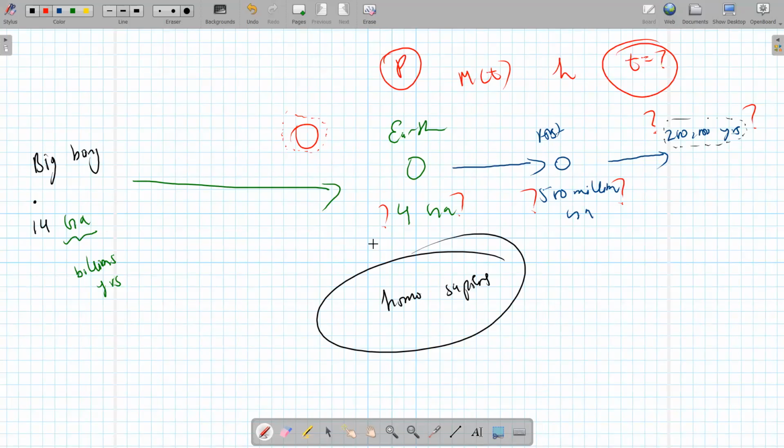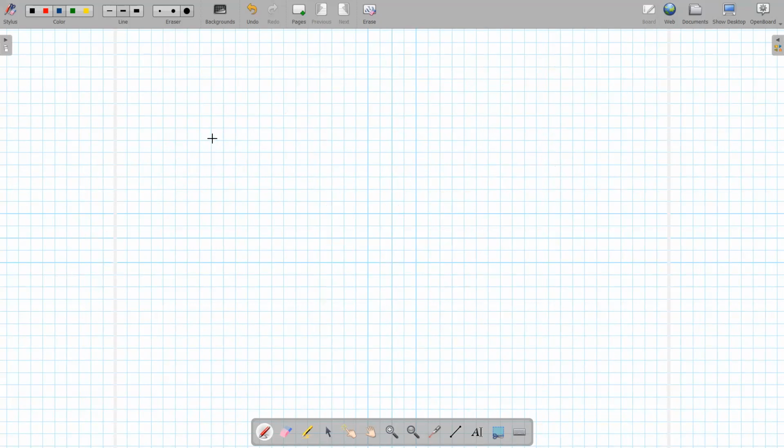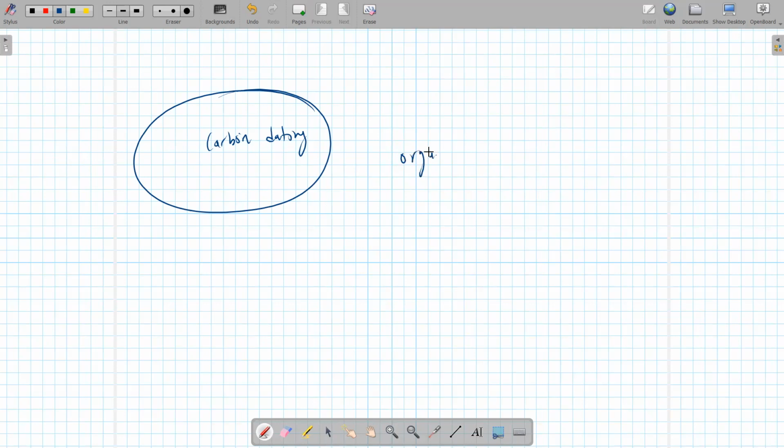This is more for geology, though. Where this really shines is a process called carbon dating. It's used on organic materials, to identify how old something like a bone is.